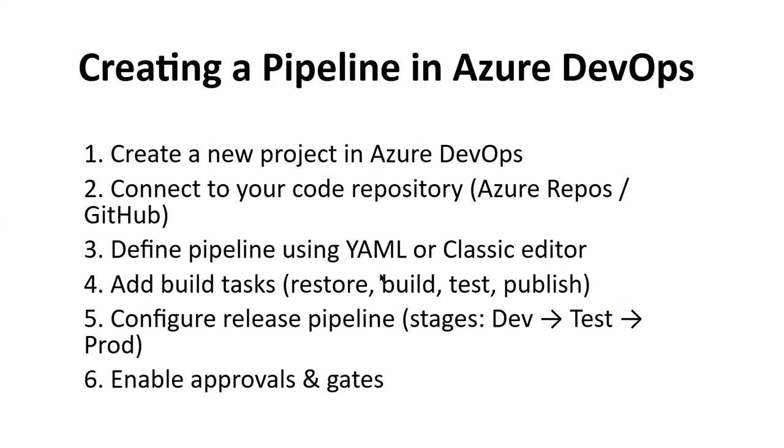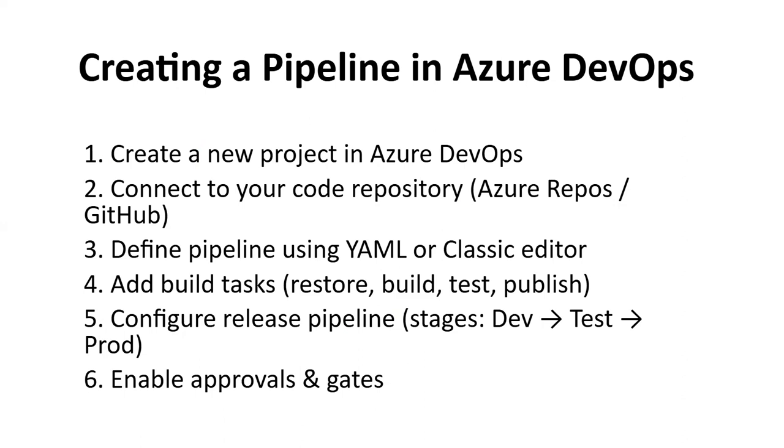Creating a pipeline in Azure DevOps. How do you create a pipeline in Azure DevOps? It's very straightforward. You open the Azure DevOps home screen, then select Pipelines, then New Pipeline. The wizard will show options.